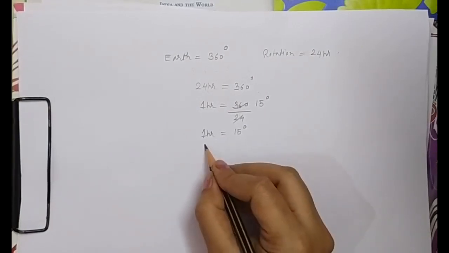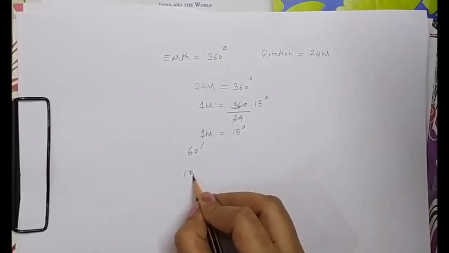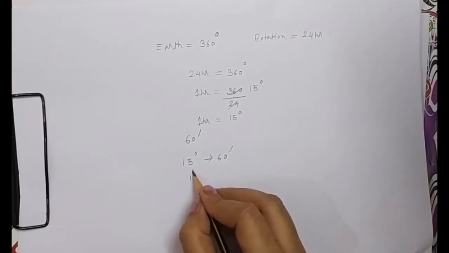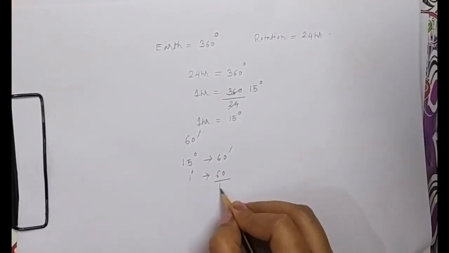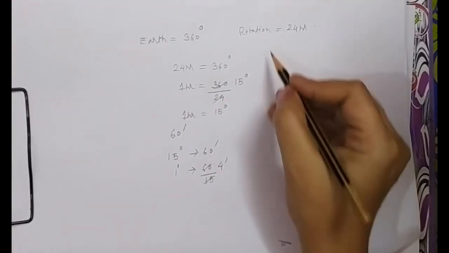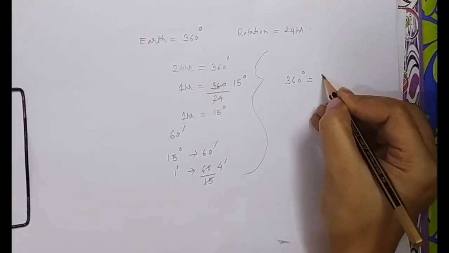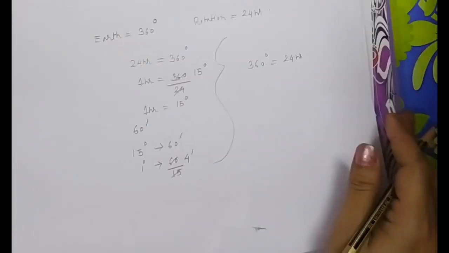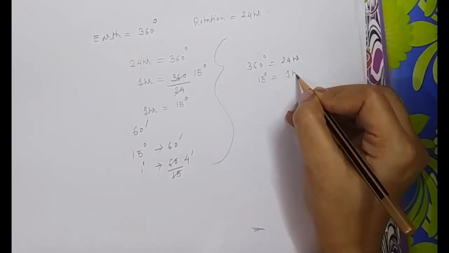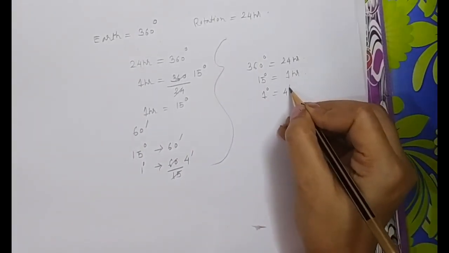Instead of 1 hour we can write 60 minute. So 15 degree for 60 minute. So for 1 degree, 60 divided by 15 means 4 minute. It is a very simple calculation. You only have to remember 360 degree is equal to 24 hour, 15 degree is equal to 1 hour, and 1 degree is equal to 4 minute.